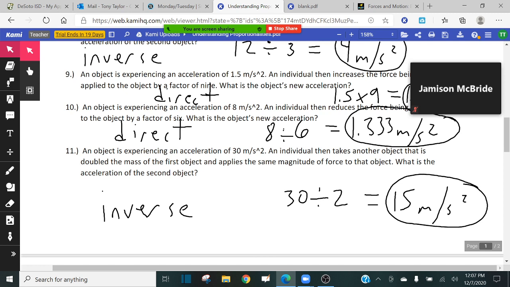If you read the question and you're changing the force, then you know that's a direct proportionality, because force and acceleration are directly proportional. So in a nutshell, Braxton, if you read that you're dealing with force, it's always directly proportional. If you read that you're dealing with mass, it's always inversely proportional. Does that make sense?